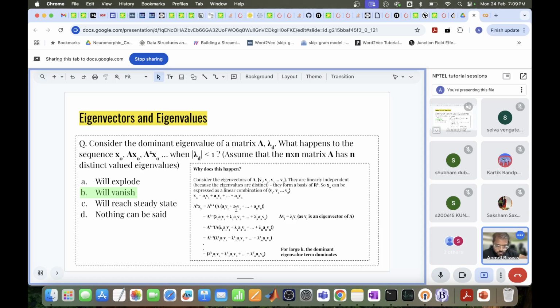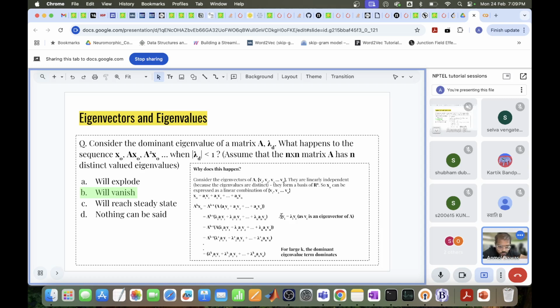And what you get is nothing but lambda 1 times a1 times v1 plus lambda 2 times a2 times v2 plus lambda n times an times vn, right? Because v1, v2, vn are eigenvectors of A, and when you multiply a matrix with its eigenvector, you get the eigenvalue multiplied by that eigenvector. This is the eigenvalue equation.